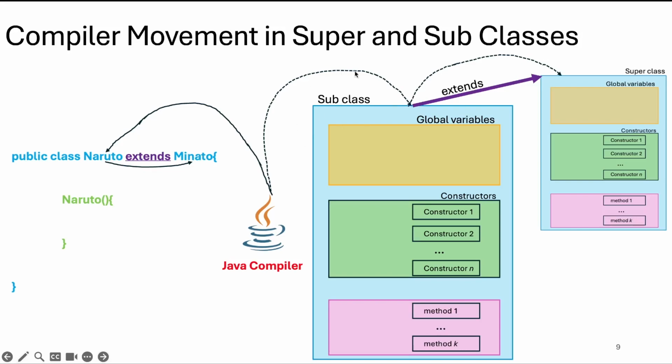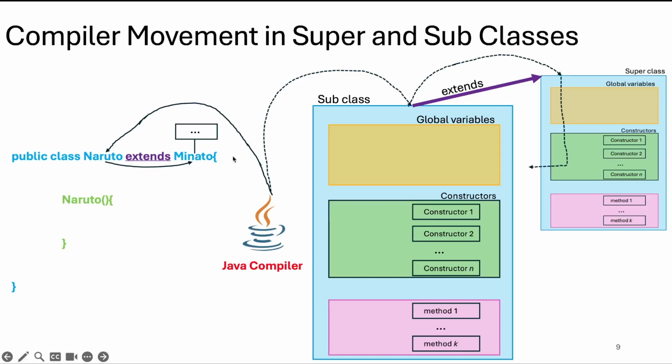Once the compiler comes to the Naruto class, without going inside, you can see that it jumps into the superclass Minato. Once it enters into the Minato class, it will first create the global variables and then enter into one of the constructors, completes the constructor's work and comes out.